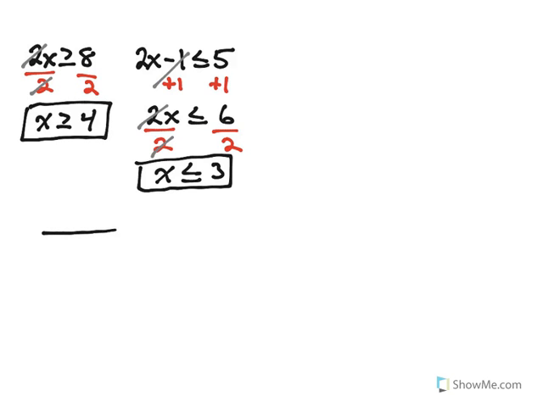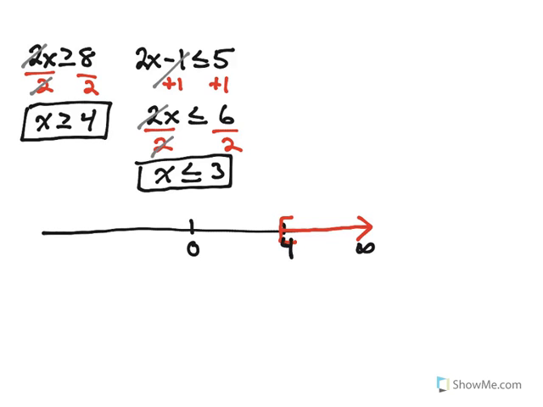All right, so let's start with the first one. That's going to be 4. Anything greater than or equal to 4 is going to be a parenthesis, a bracket rather. Remember, bracket. Greater than or equal to 4 means we're shading to the right, and we're going to put +infinity. That's the direction it's going.